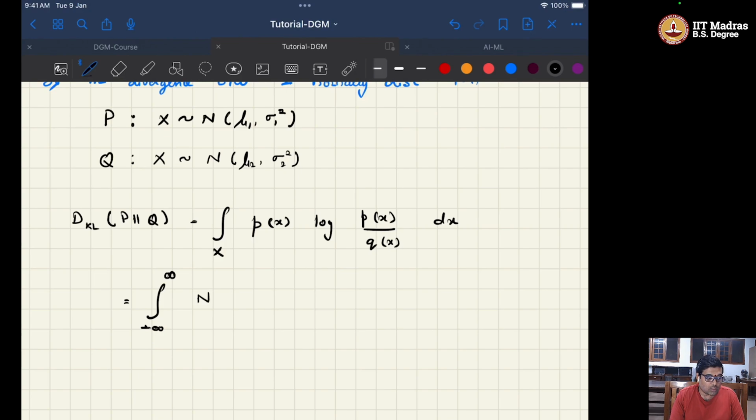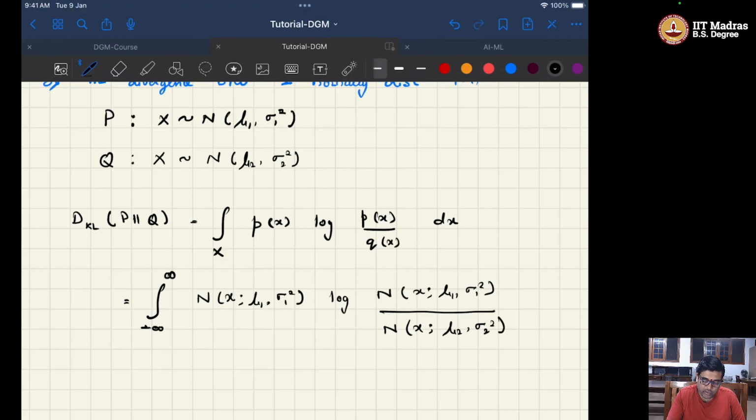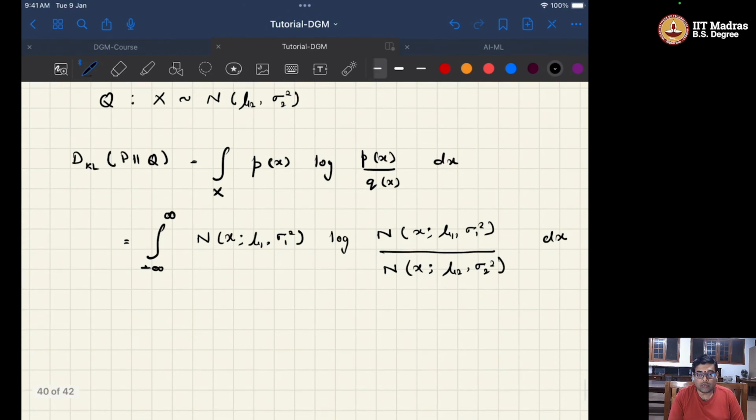This is a normal distribution X with mu1 and sigma 1 square, log of the normal distribution X with mu1 and sigma 1 square divided by the normal distribution X with mu2 and sigma 2 square, dx. And does it look like something we know?